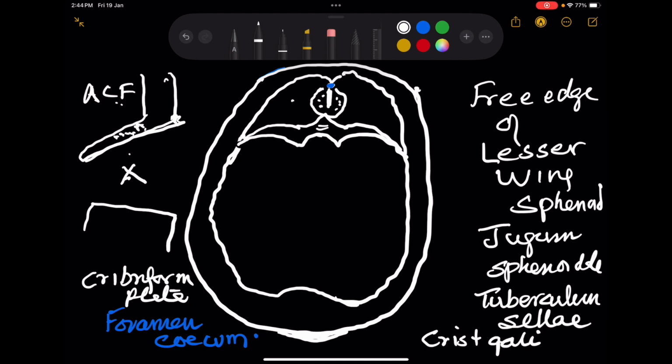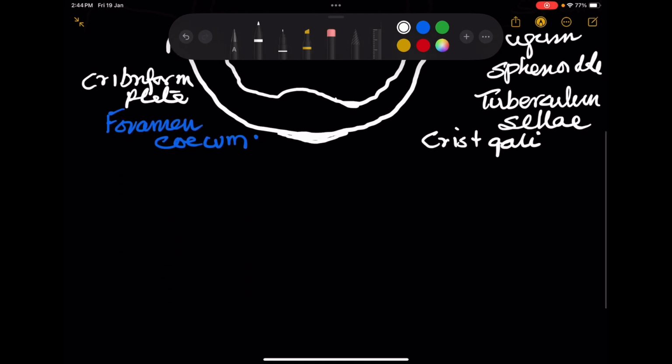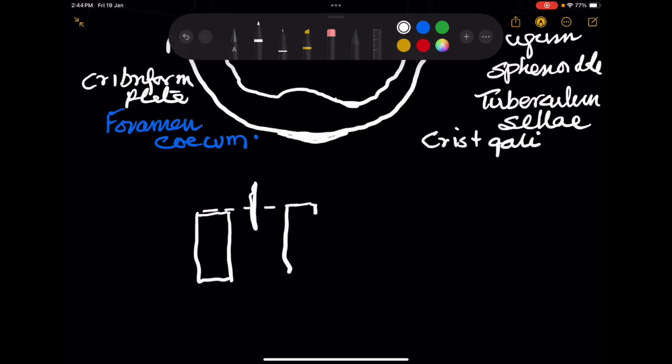Now, when this orbital plate comes near the cribriform plate, here is the cribriform plate, here is the crista galli, and there are two boxes hanging from it.